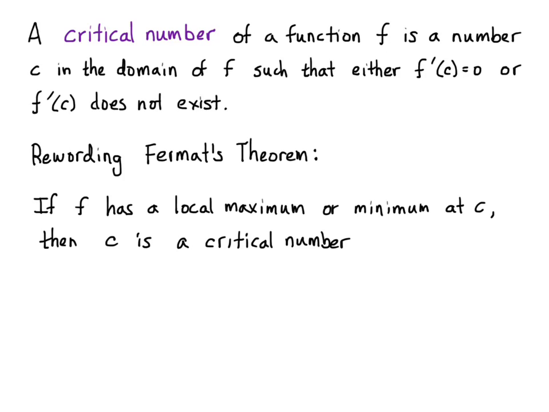If you don't have a derivative, that also makes it a critical point. So Fermat's theorem comes down to this: we look for where the derivative either equals 0 or does not exist, and those are the candidate spots for your minimums or maximums.